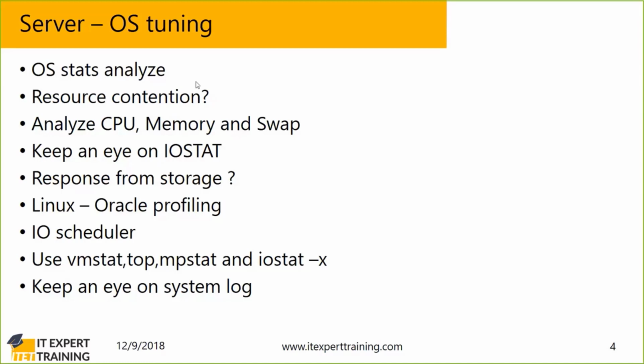This is the Oracle profile, which is the profile recommended by Red Hat to be set for Oracle databases. When you set this profile for Oracle on Linux, certain OS level parameters are set, including setting the IO scheduler to deadline. We'll see what the IO scheduler is with a small example in the next slide.